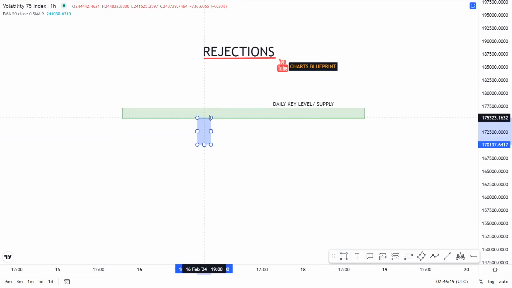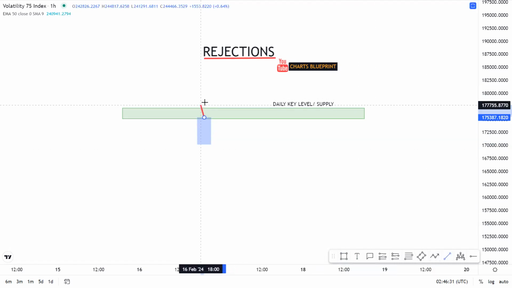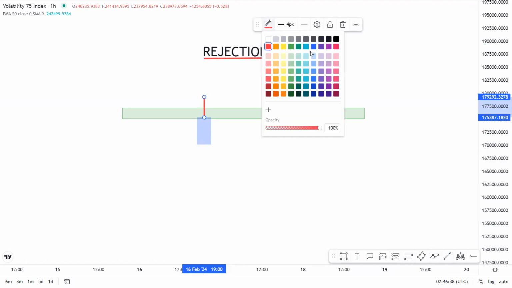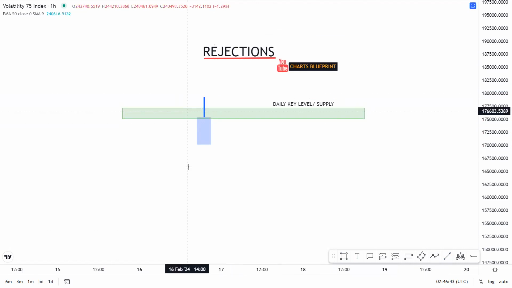But then if we close below the level and we do reject the level, then of course this is an indication of a potential trade opportunity for sales.